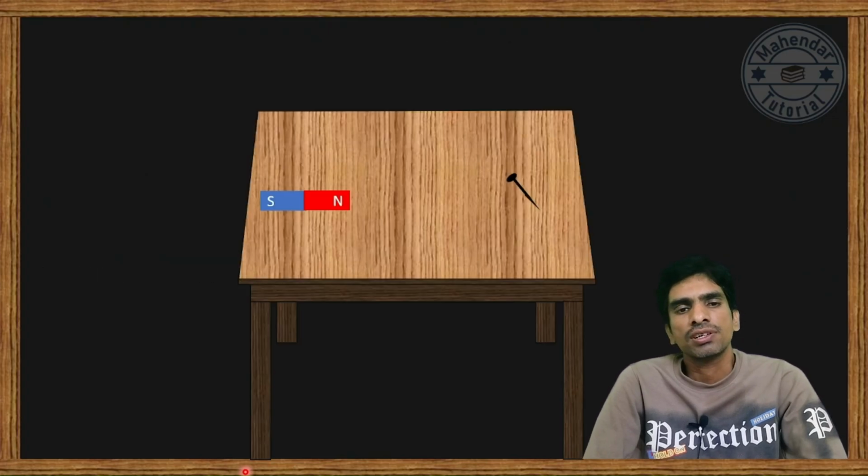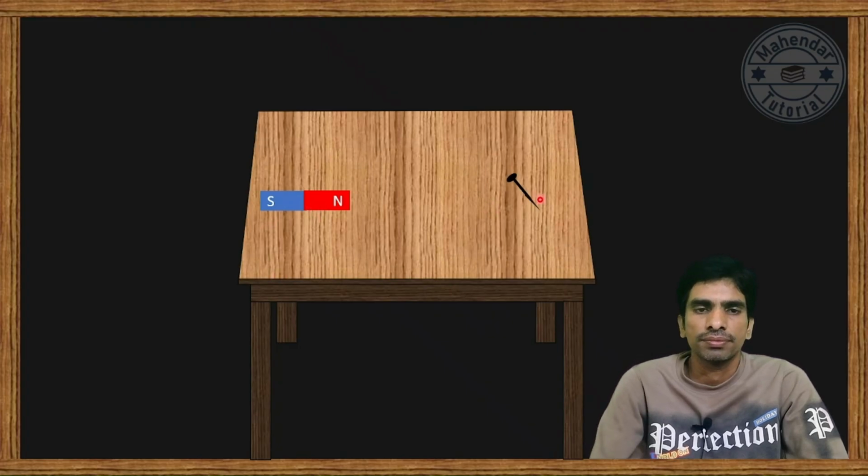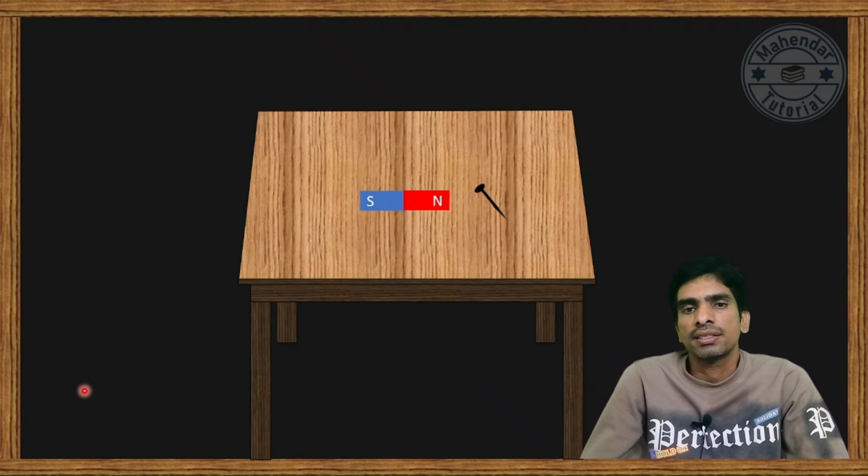Next we will discuss magnetic force. Here there is a magnet, and a magnet has two poles, south and north, and here is one nail. When we bring this magnet very close to this nail, what happens? Let us see. The magnet attracts the nail.